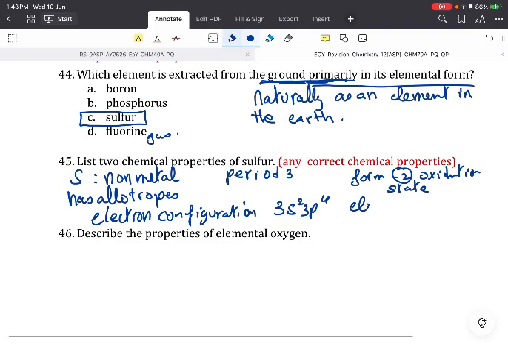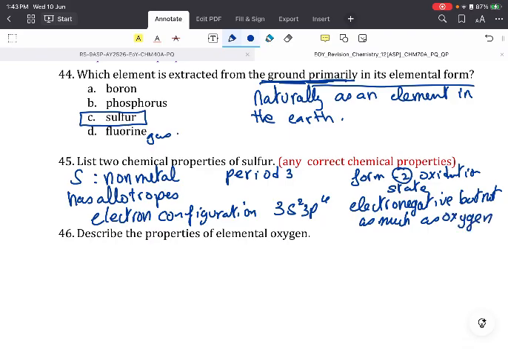It is electronegative, but not as much as oxygen. So these are some of the properties. It forms a negative ion. By simply saying it forms a -2 oxidation state, it means in ionic compounds it has a -2 charge.